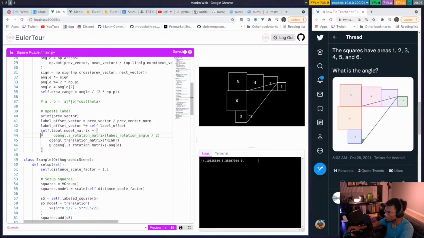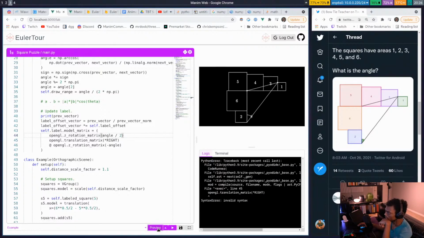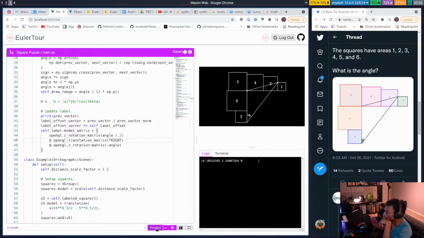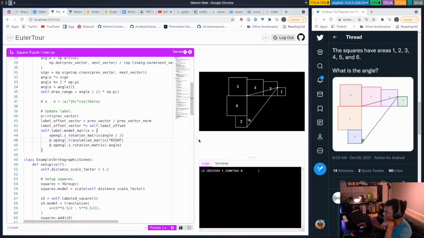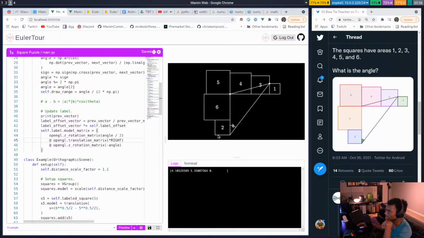And then I'll have to rotate it again by angle over 2. If I add the multiplication. Oh, it's so close, but the theta is a little offset. It's slightly rotated. So I guess this should be minus angle over 2?